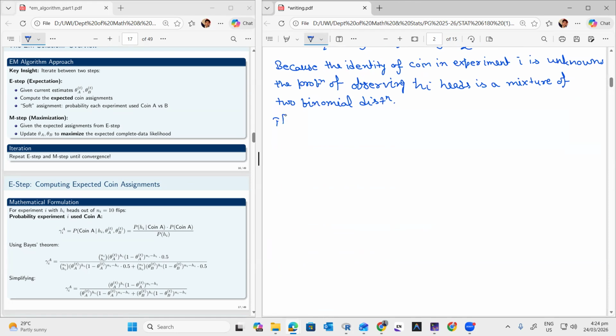The PMF will be the probability of Hi given theta A and theta B, which equals the probability of Zi equals 1 into the probability of Hi given Zi equals 1, theta A, for the given parameter theta A, plus the probability of Zi equals 0 into the probability of Hi given that Zi equals 0, means coin B is selected with parameter theta B. Okay, so that will be your mixture distribution of two binomial distributions.